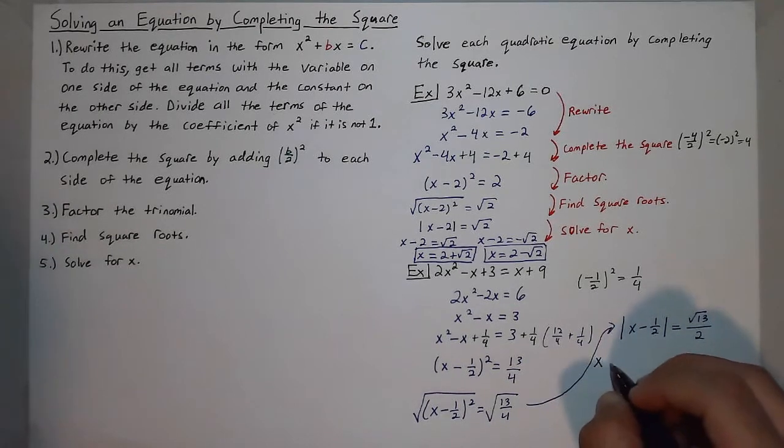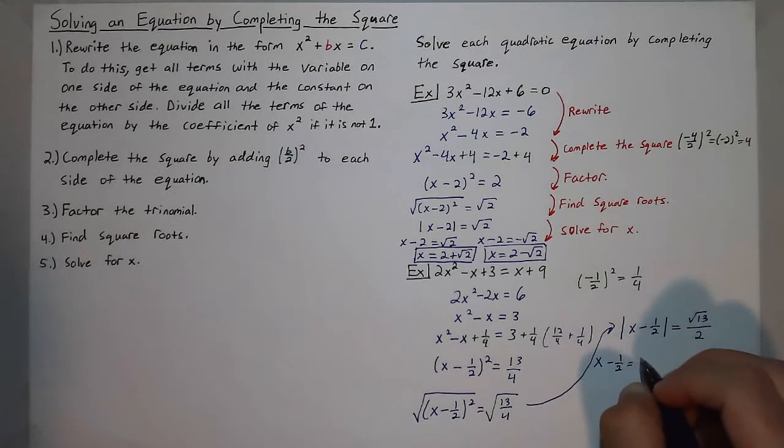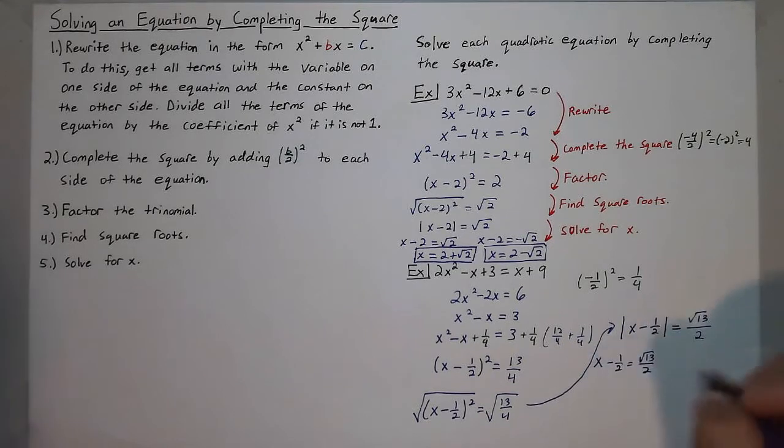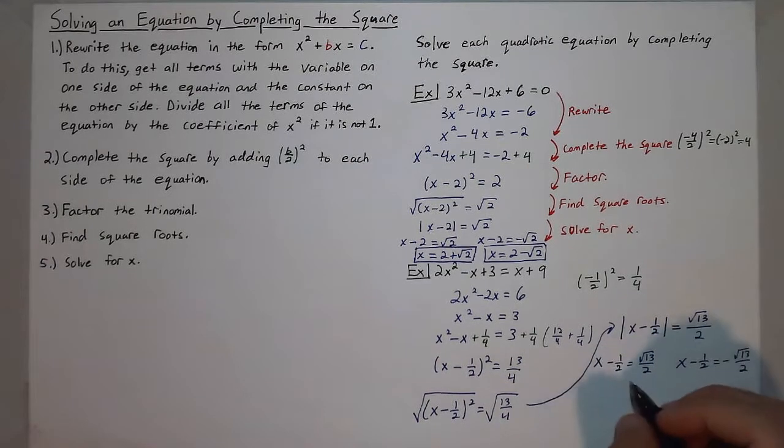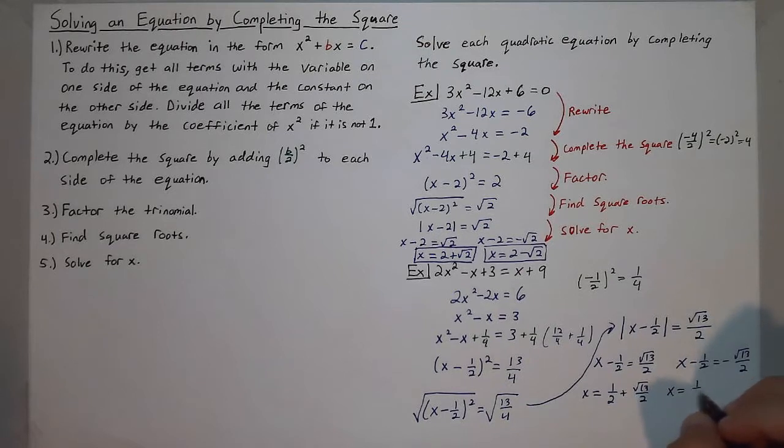I'll have x minus 1/2 is equal to positive square root 13 over 2, and x minus 1/2 is equal to negative square root of 13 over 2. I'll add 1/2 to the right to give me x is equal to 1/2 plus the square root of 13 over 2, and x is equal to 1/2 minus the square root of 13 over 2.